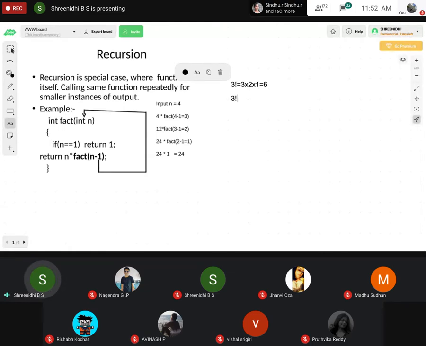I can write 3 factorial is equal to 3 into 2 factorial.